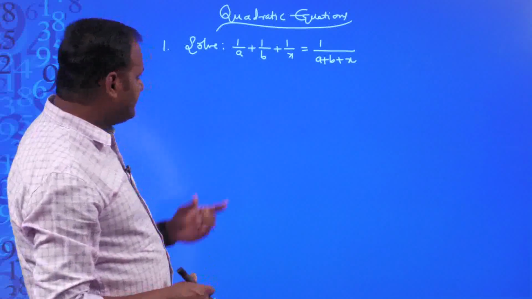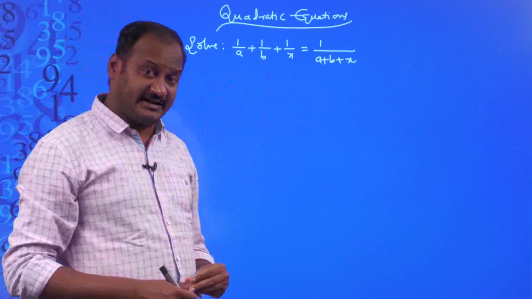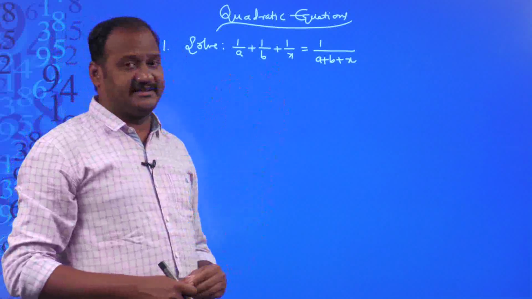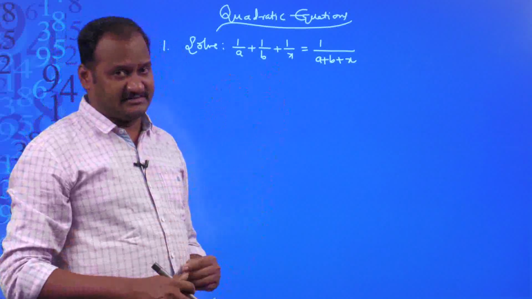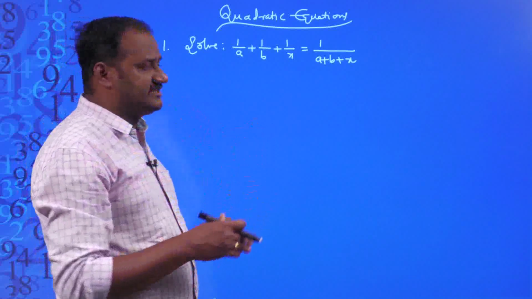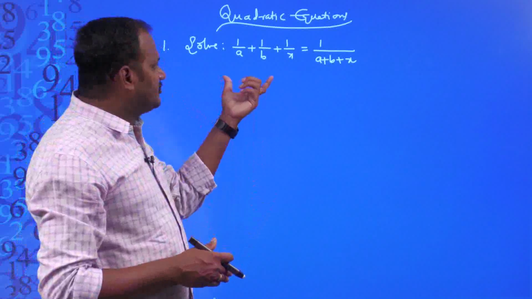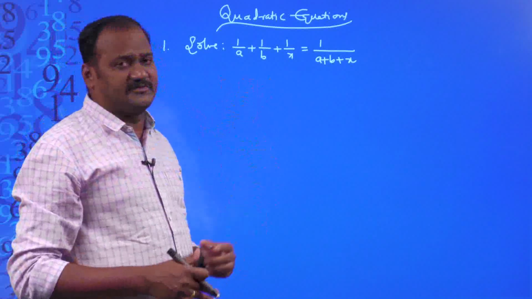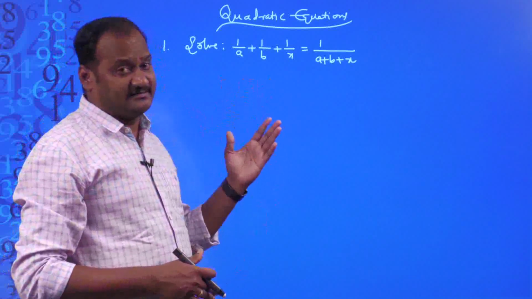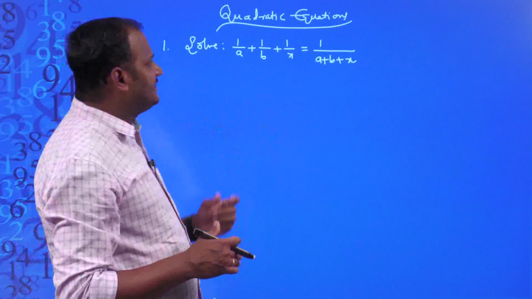See, on the left hand side we have three terms which are fractions, and on the right hand side there is only one fraction. If you take the left hand side completely and find the LCM, you will get some huge fraction. So, just to avoid that, let us try to balance this.